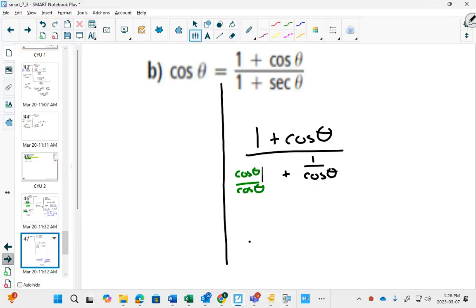The top. So can you see that if I did this? Here's my main fraction line, make it nice and long, nice and thick. On the bottom, I would now have cos of theta plus 1 over cos of theta, a single fraction. Is the top a single fraction? Technically, yes.